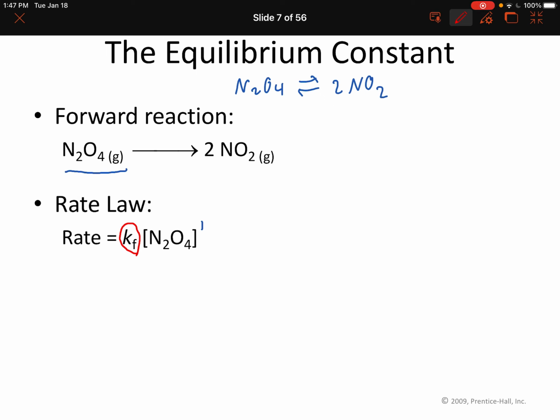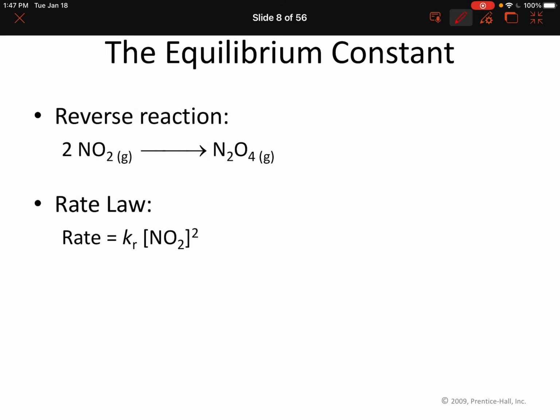If we do the same thing for the reverse reaction, it'll be the same idea. Now we've got our coefficient of 2 for NO2. Assuming it's an elementary process, that becomes the exponent on the molarity of NO2.